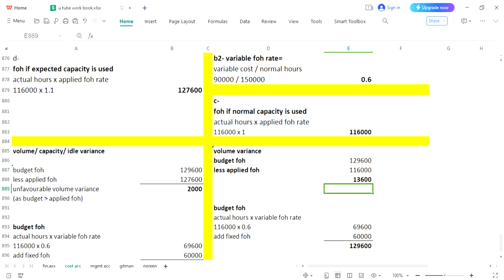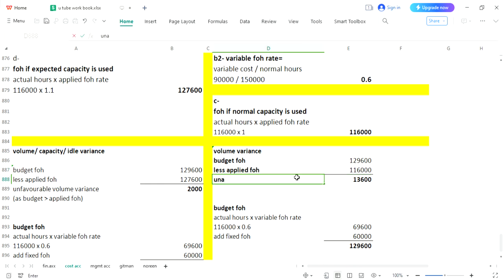Now it's time to conclude whether it is favorable or unfavorable. For this we will focus upon budget FH. So budget was 129, applied was 116, so budget was more. So again it is unfavorable volume variance. This was also unfavorable volume variance.